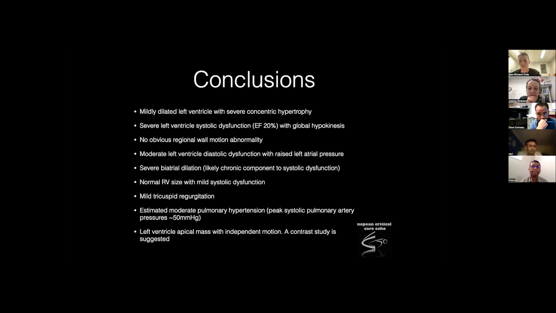Otherwise, I start with the left ventricle, and I go left ventricle size, function, regional wall motion abnormality, diastolic dysfunction, left atrial pressure. And I think that's not an unreasonable way to start it, even if it's normal. So you might say normal LV size and function with normal diastolic function and normal left atrial pressure. If that's not relevant to the case, I still start with that because I think it's important.